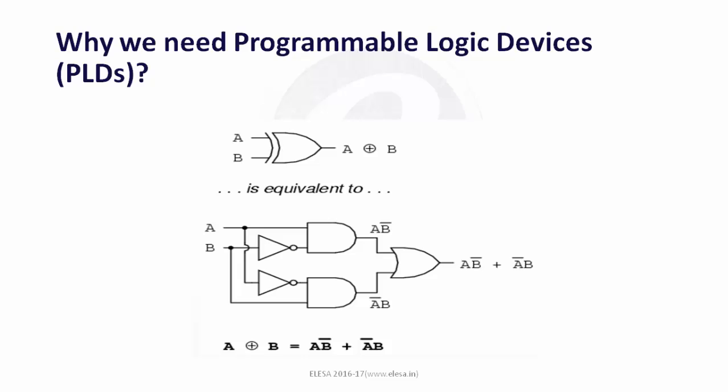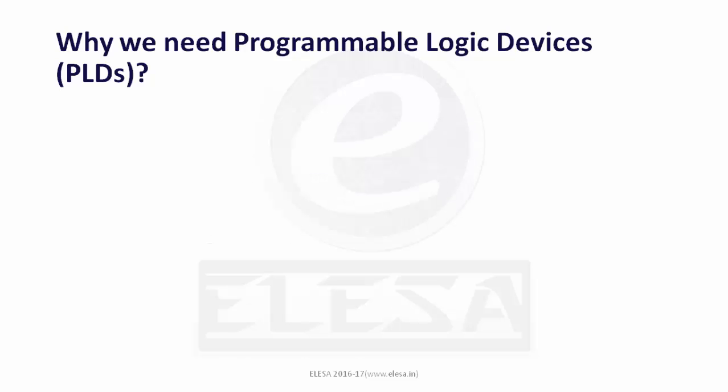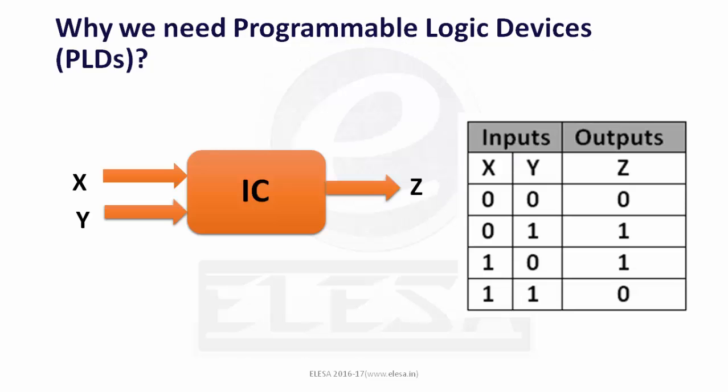Right? But let us say that you now have the IC, but you know that you have to change your logic. That is, you have given the solution to a problem, but now your problem has changed or something else has occurred, because of which you have to make a change in the truth table.